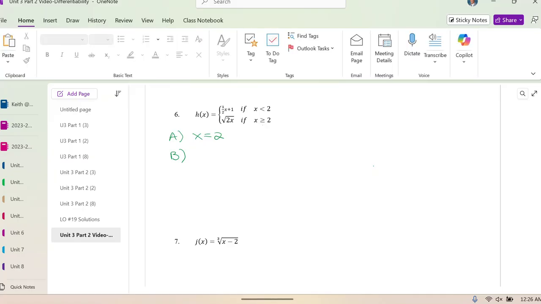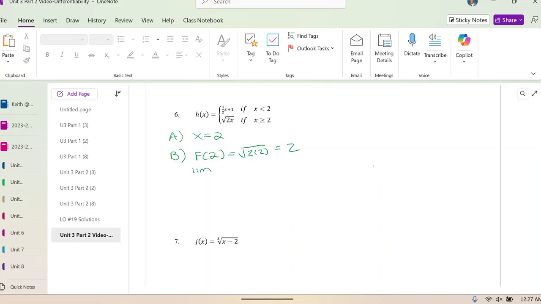But now we know that it could be continuous because f of 2, the square root of 2 times 2, is 2, because the square root of 4 is 2.